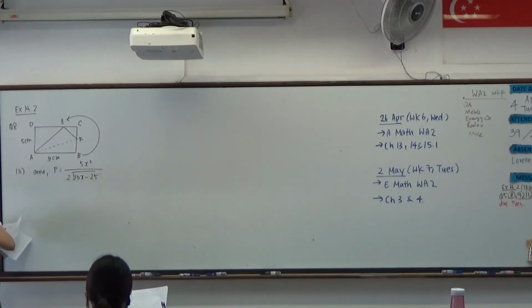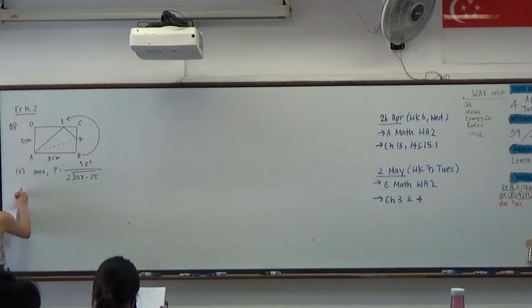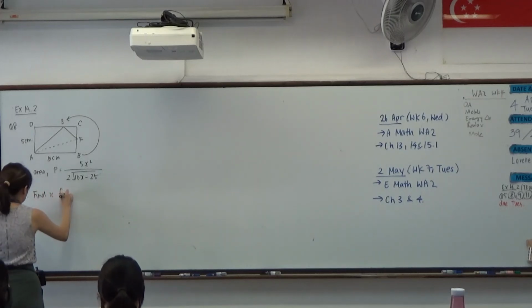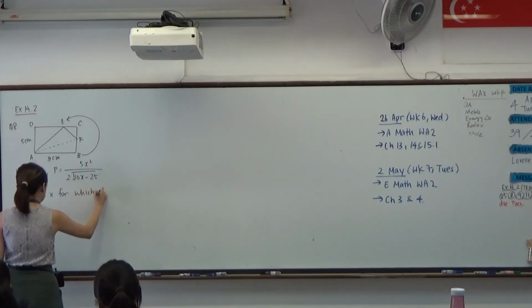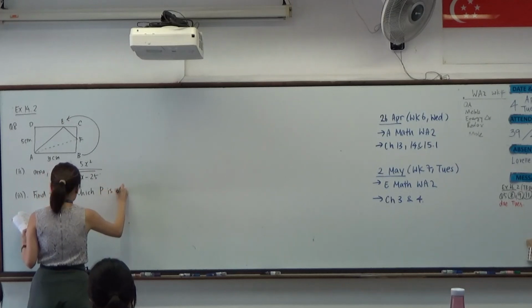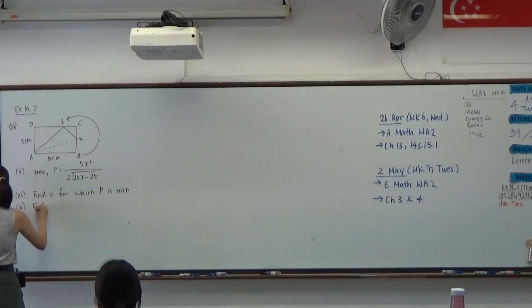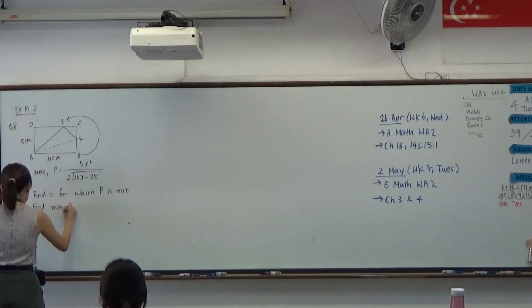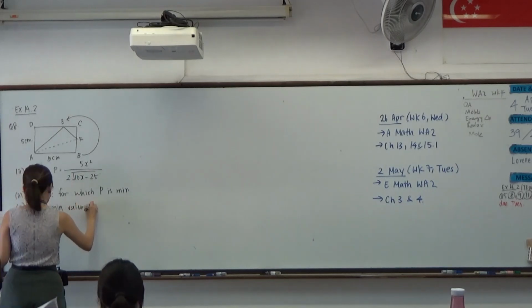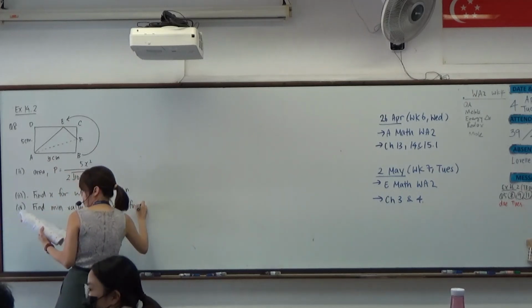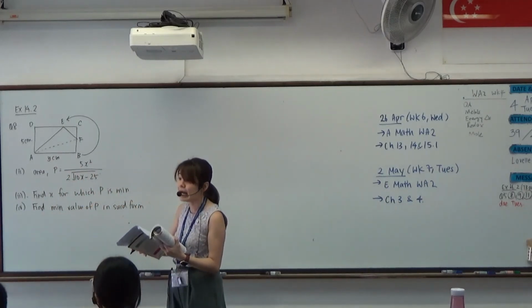And then part 3, want to find the value of x for which P is minimum. And in part 4, find the minimum value of P. Part 1 also.